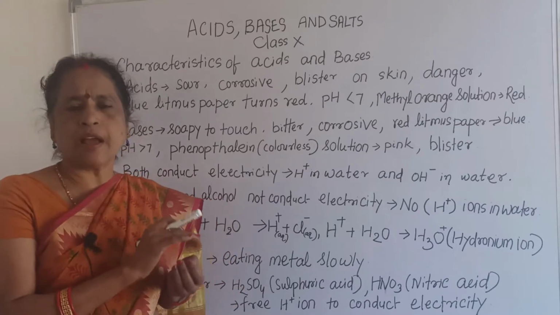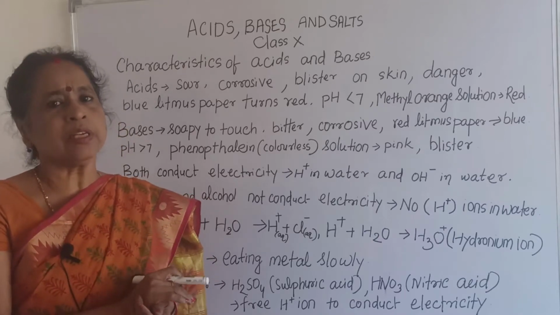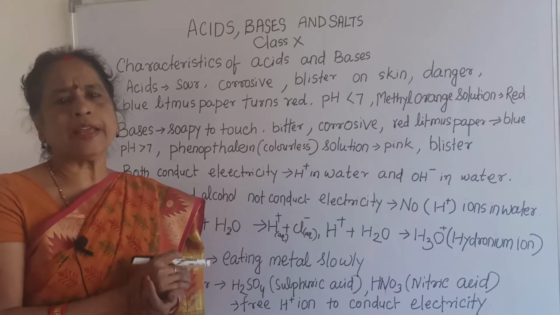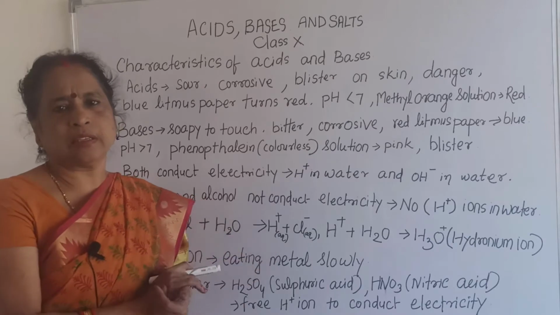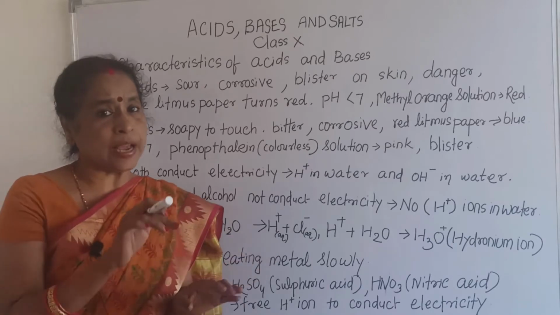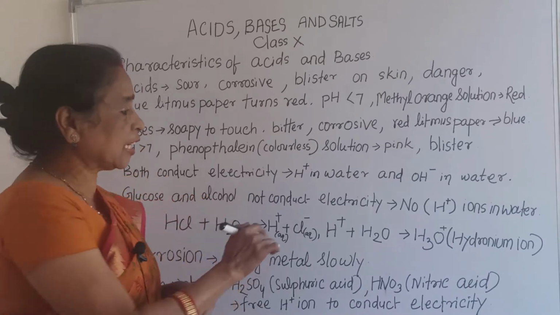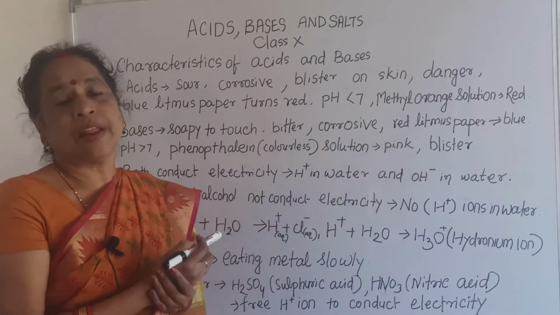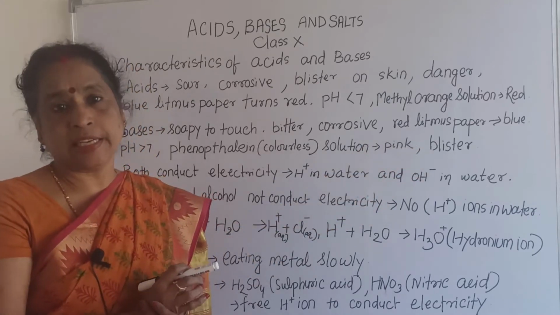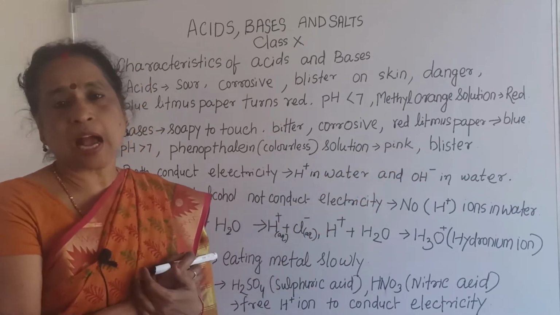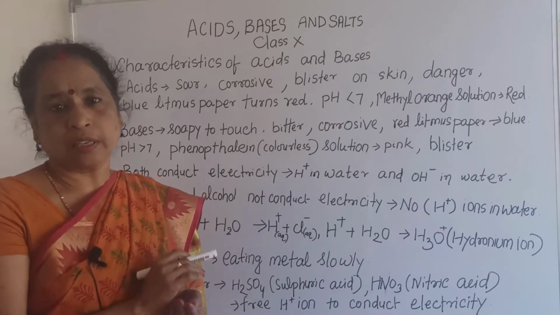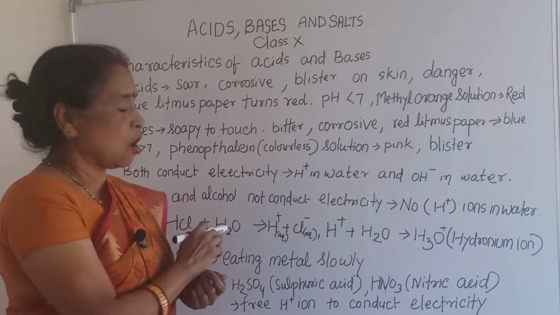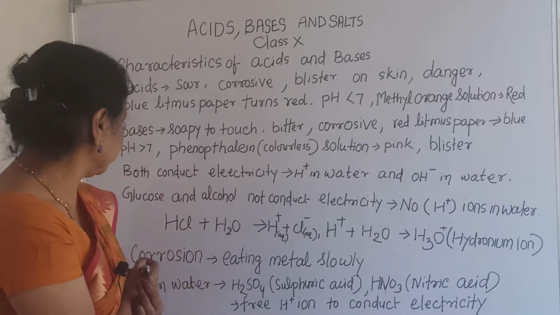Alcohol also never gives H plus ion or any free ion in water. Since there is no free ion in water, that is why they never conduct electricity. There is no free H plus ion in water when you add glucose or alcohol to water.